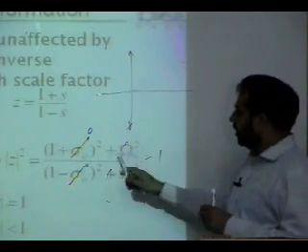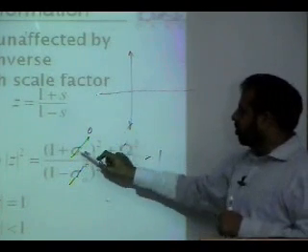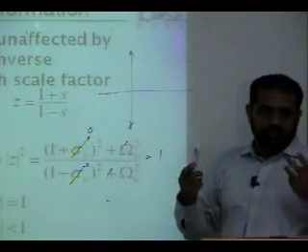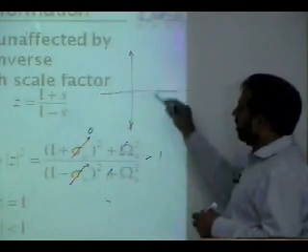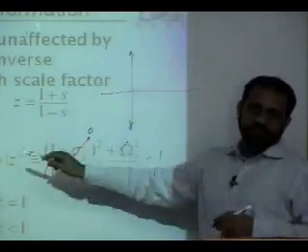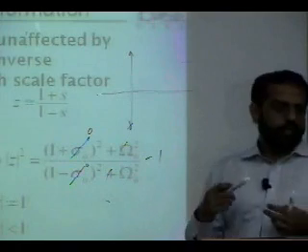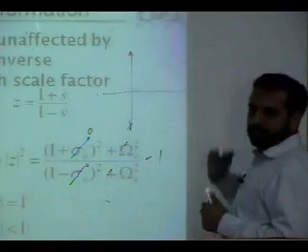Let me again repeat. I want to see where the j omega axis is mapped. So put sigma naught 0. It will be 1 plus omega naught over 1 plus omega naught, cancels out, 1. It means this j omega axis is mapped on the unit circle. We know where the magnitude of z is 1, it is on the unit circle. So the j omega axis is in fact mapped on the unit circle.